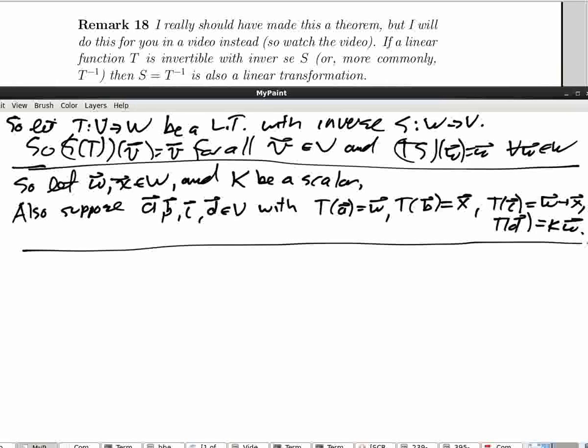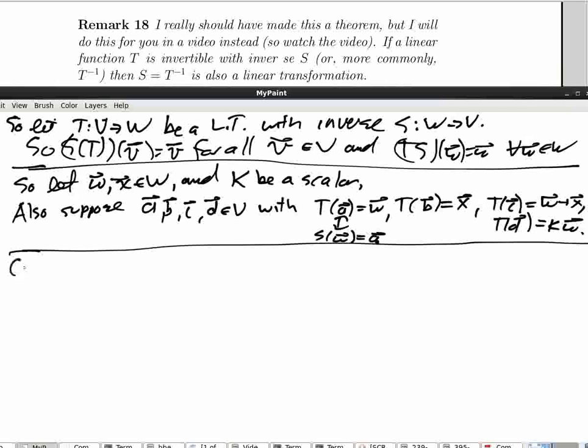So I only really know about S in terms of T. So by the way, very briefly, this sort of thing means that S of W equals A by the way we define S. Similarly, S of X is going to equal B, S of W plus X is going to equal C, so on and so forth.